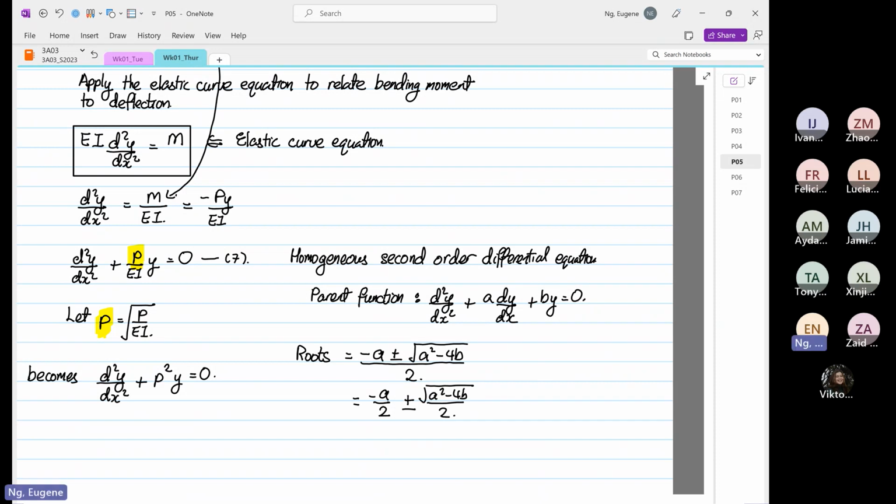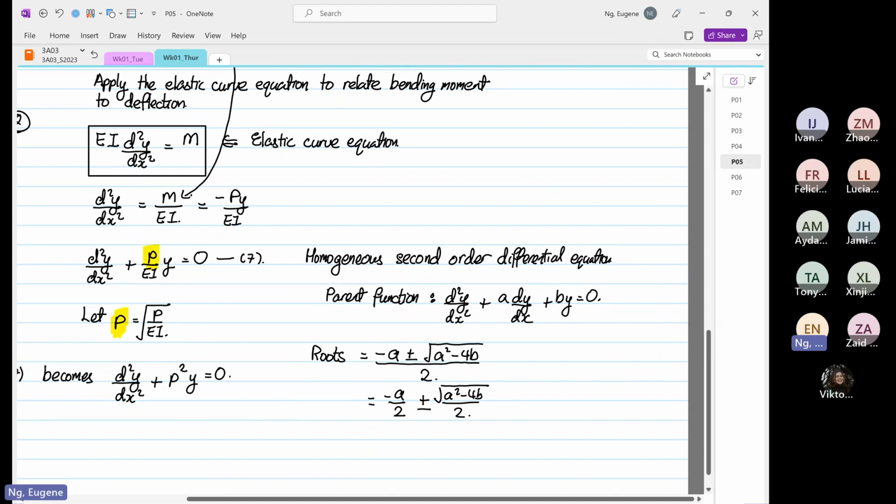Based on our equation, we have d squared y over dx squared but we don't have dy by dx, so a is equal to 0. So when a is 0, you cannot have minus 4b under the root as a positive value.